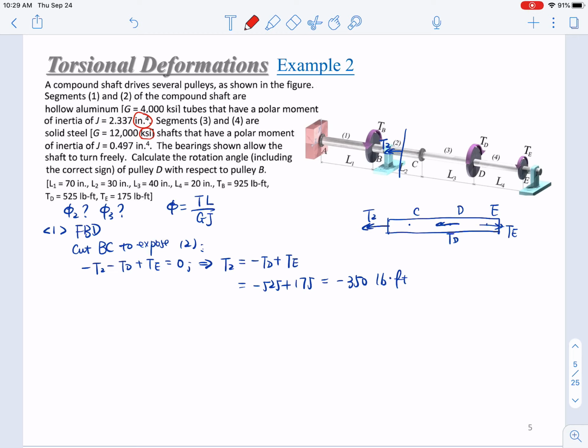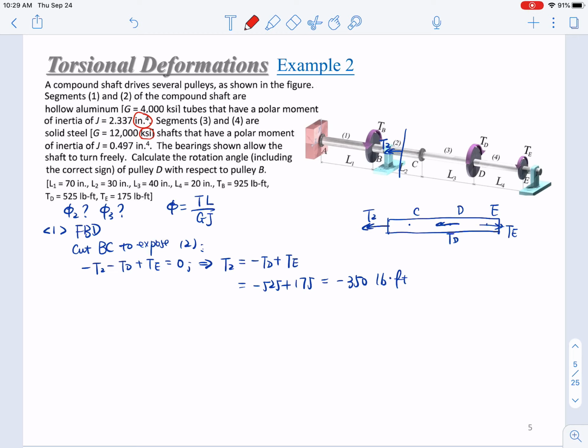Then in step 2, we calculate these two values, phi 2 and phi 3. In these two segments, we have different G and J values, since one part is aluminum and the other is steel. So phi 2 is T2 L2 over G2 J2.